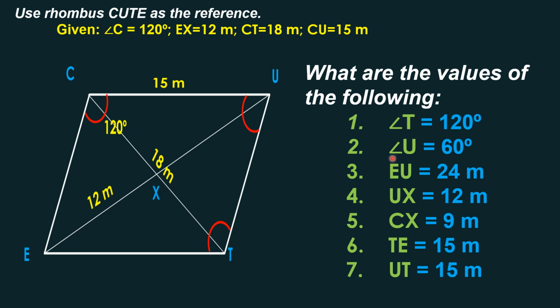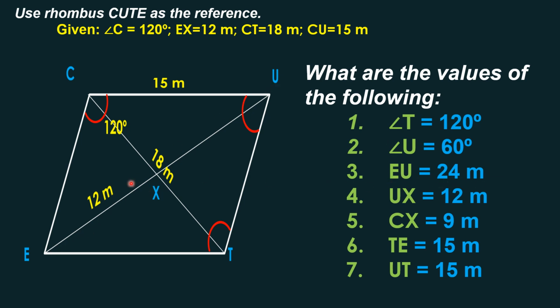Angle U here is 60 degrees. How did we get 60 degrees? We just subtract 120 from 180, so we got 60 degrees, as consecutive or adjacent angles are supplementary.